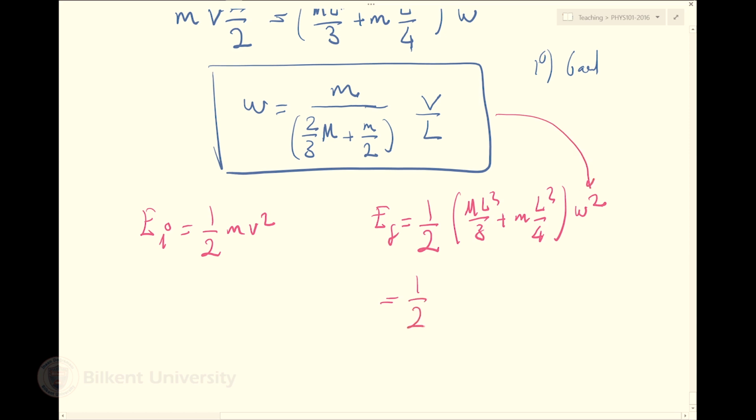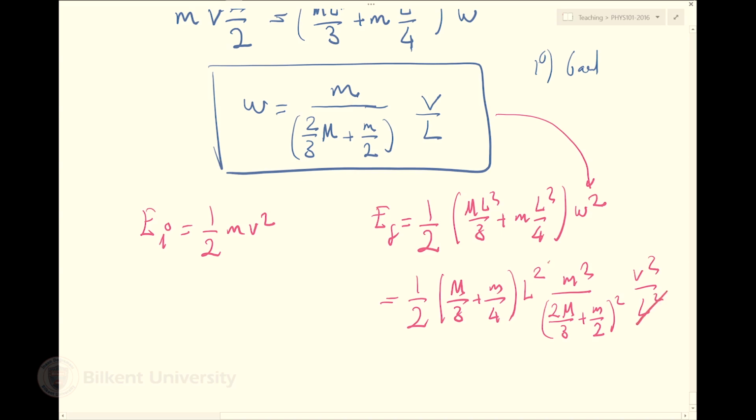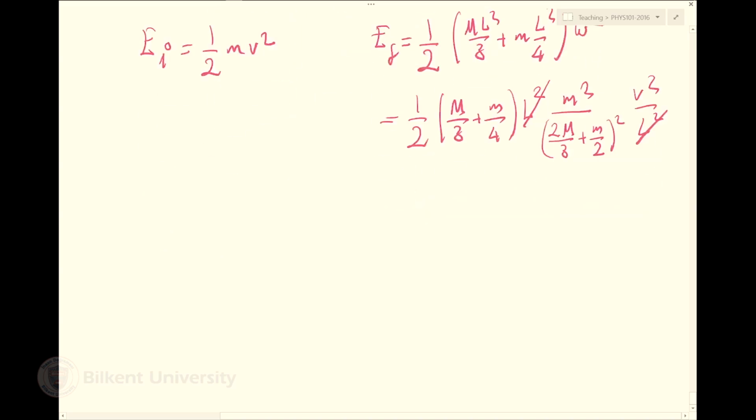I have already found it. 1/2 M over 3 plus small m over 4 times L squared. Omega squared is capital M squared divided by 2M over 3 plus m over 2 squared, v squared over L squared. L squared is cancelled here.